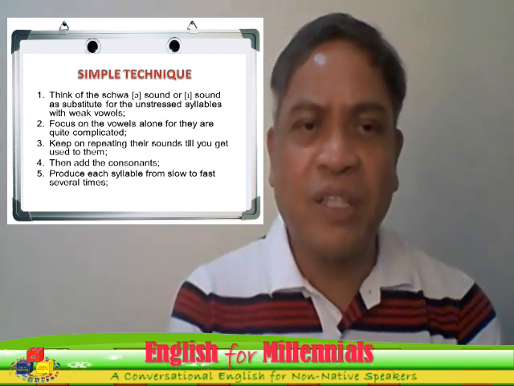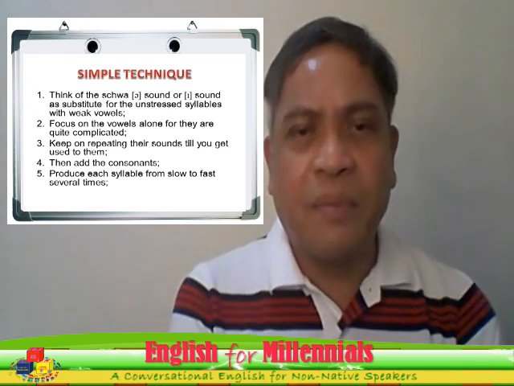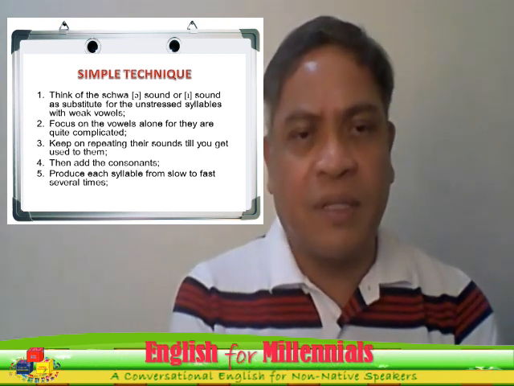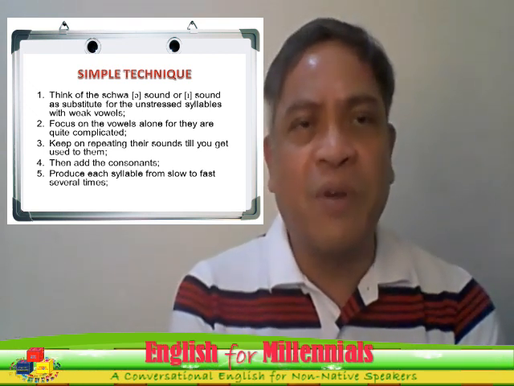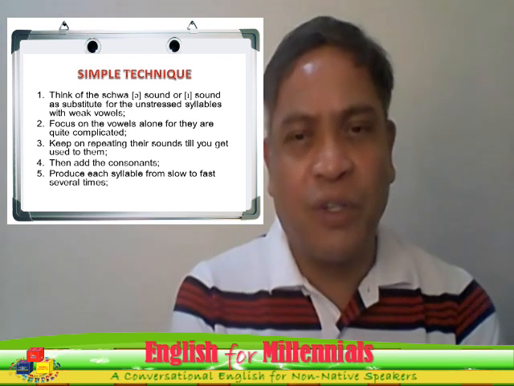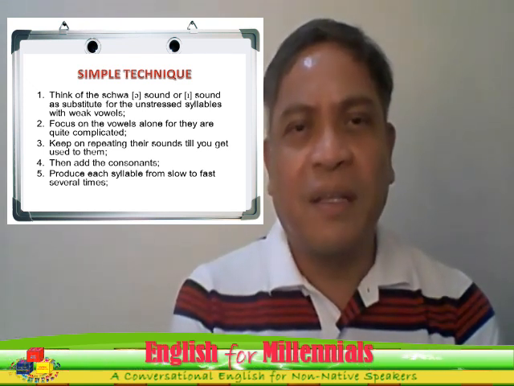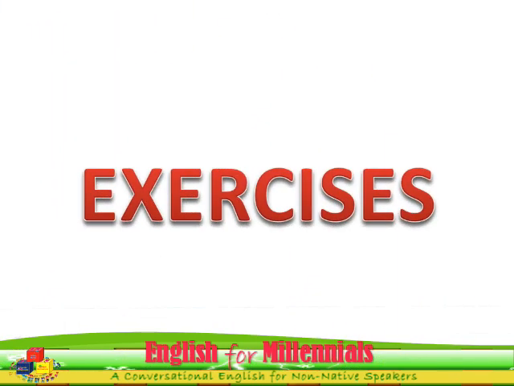You know, in your case, I do believe that using this technique, you can perfectly master all the sounds of the syllables, and you can even be phonetically fluent in pronouncing the English words. Believe in me, you can do it. Now, let's do the exercises.